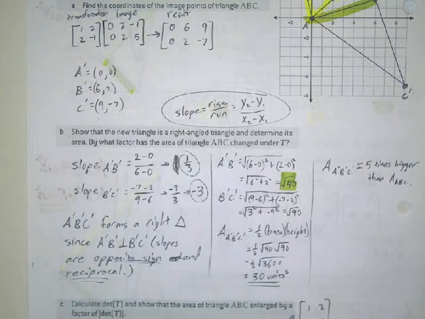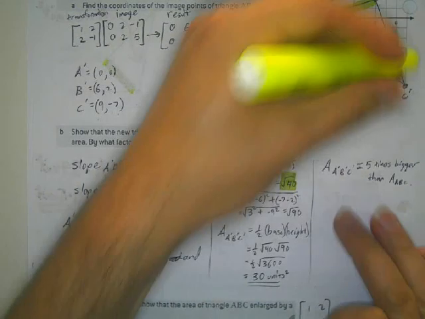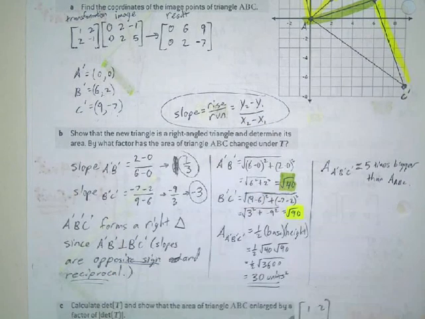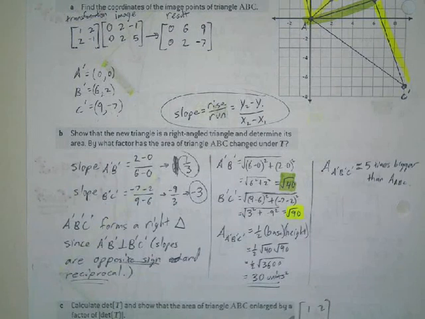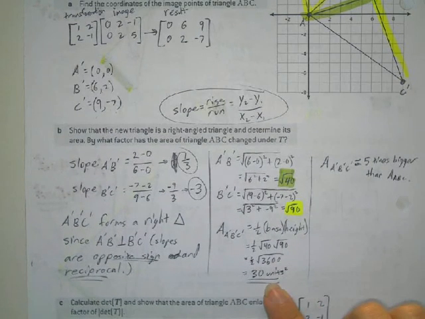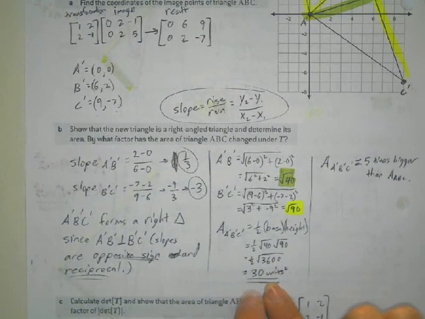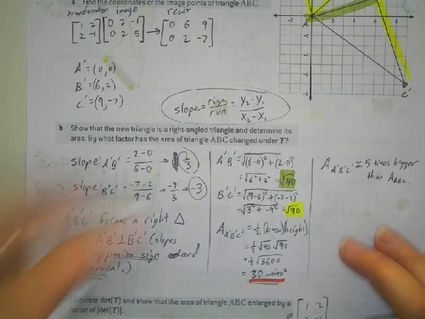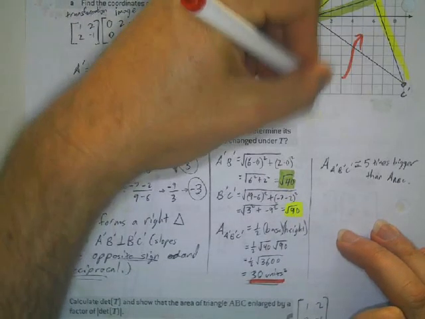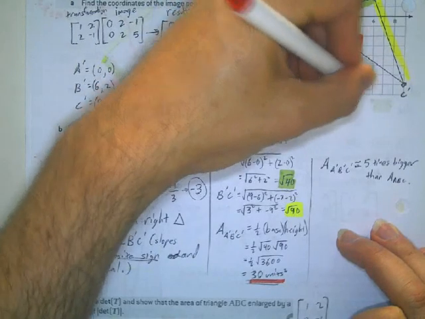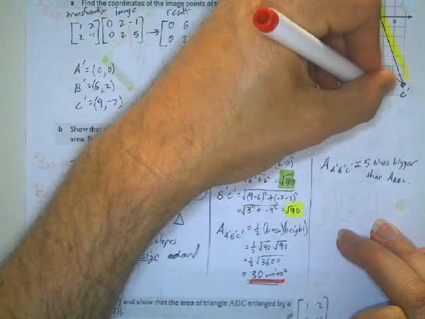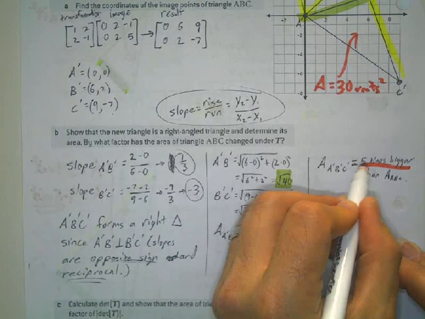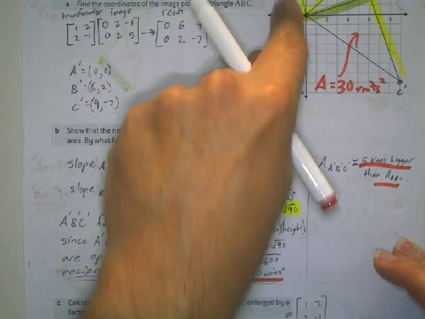I find the length of BC is square root of 90. And when I multiply those together, I get that the area is 30 units. So this area here equals 30 units squared, which happens to be 5 times bigger than the original triangle.